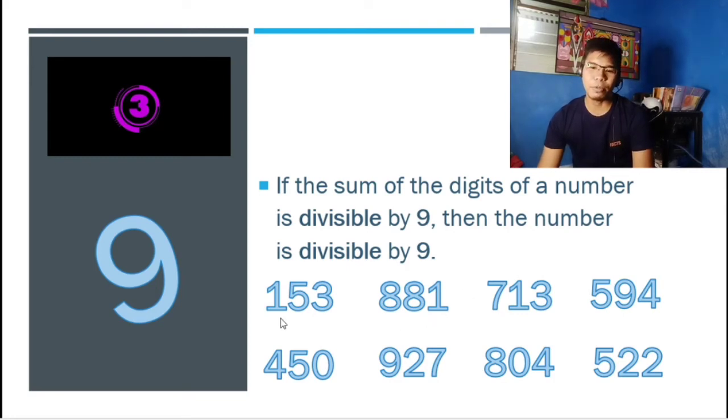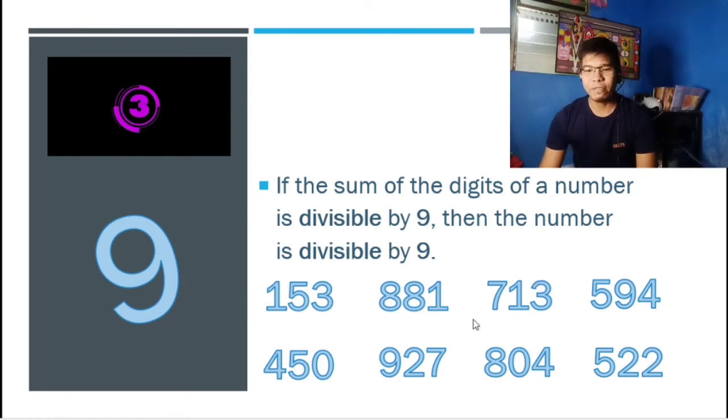Let's say, for example, 153. All we have to do is add 1, 5, and 3. 1 plus 5 is 6. 6 plus 3 is 9. And 9 is divisible by 9, obviously. So therefore, 153 is a number that is divisible by 9.